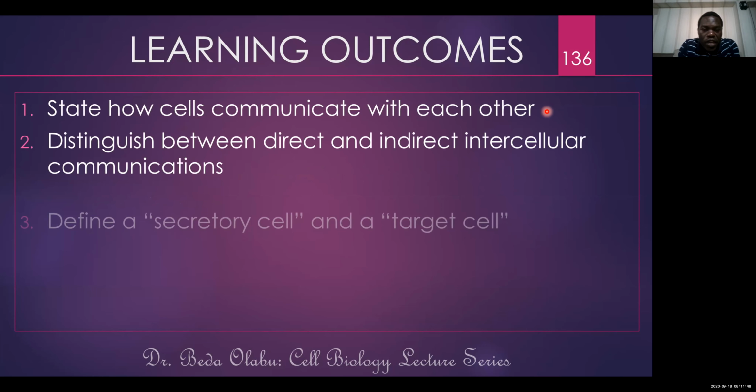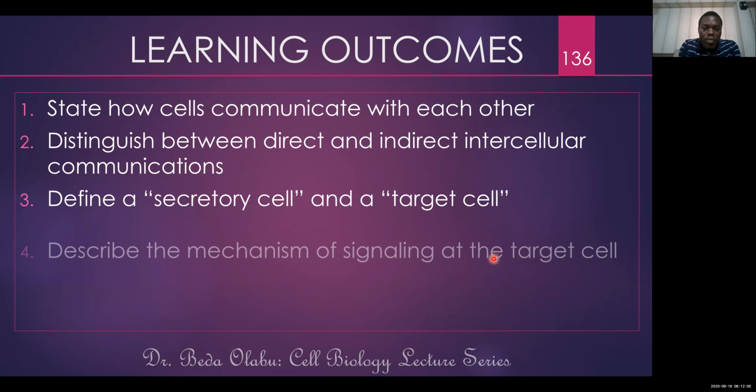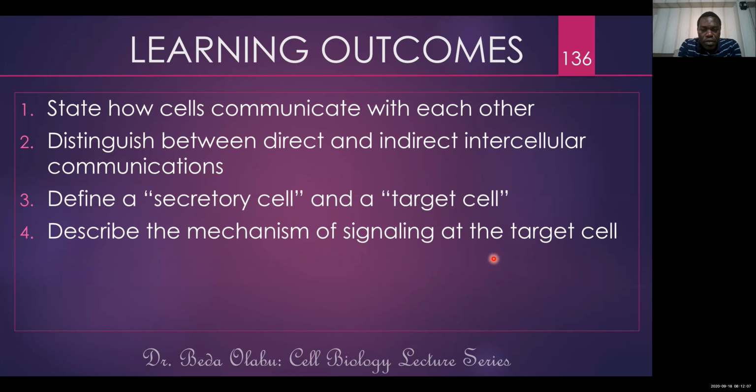We are going to define two terms here, one being what we call secretory cell, and the other being what we call target cell. We are going to describe the mechanisms of signaling that occur at the target cell.